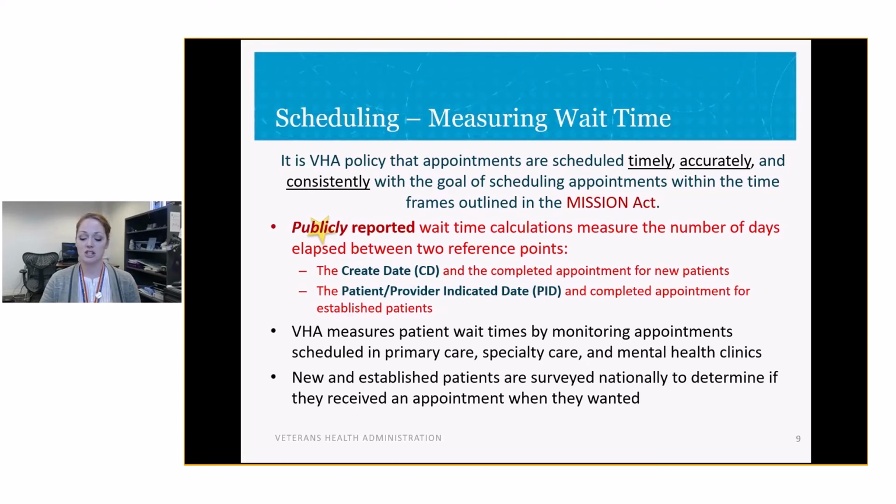Okay. Additionally, patients are surveyed to find out, in their opinion, were they seen when they wanted to be seen? Now, is this something that we have any control over? Not totally, but indirectly we kind of do. It's been scientifically proven that if you use certain verbiage, that can affect survey results at a later time.